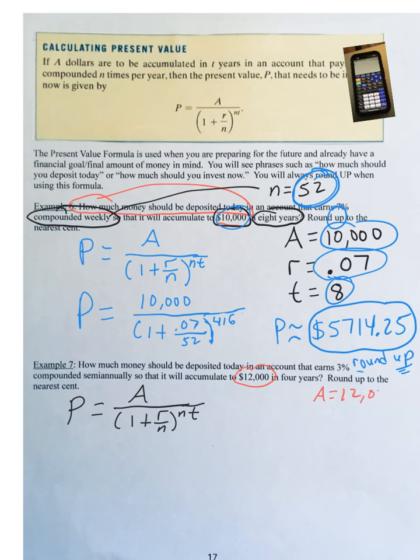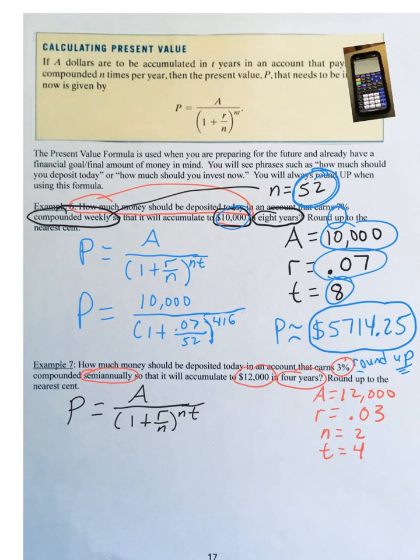So A is 12,000. R, 3% converted to a pure decimal, so slide your decimal point 2 hops to the left, and it's 0.03. The two little n's compounded semi-annually, which means twice a year, so your n's are 2. The time frame T is 4 years, so T is 4.